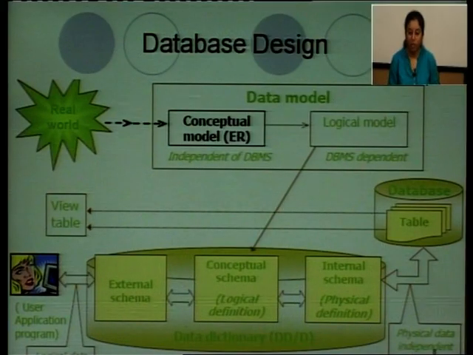This data dictionary includes three main concepts: first one external schema, then conceptual schema, then internal schema. The conceptual schema is basically known as a logical definition, and the internal schema is known as a physical definition.